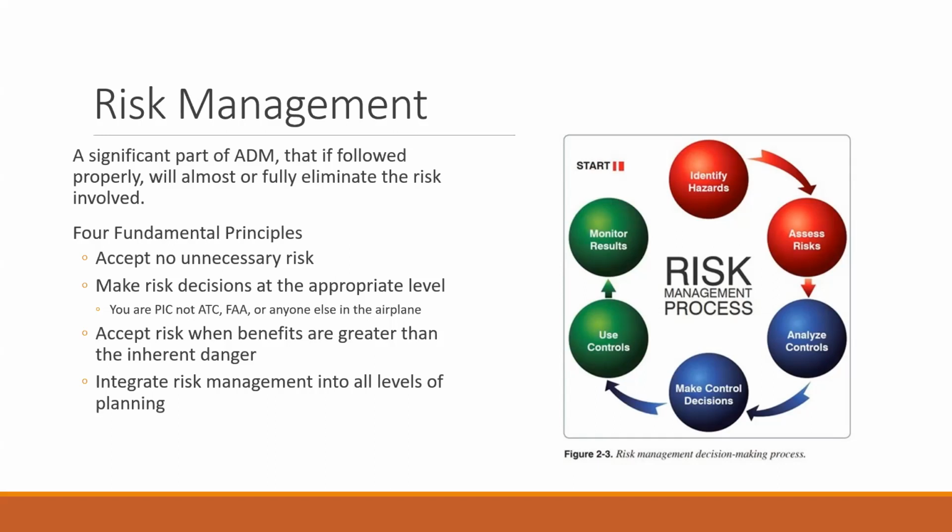There's 4 major fundamental principles when it comes to risk management. One is you accept no unnecessary risk. So whatever the situation is, if you don't have to take that risk, like let's say it's a weird runway situation, you can only take off in one direction.